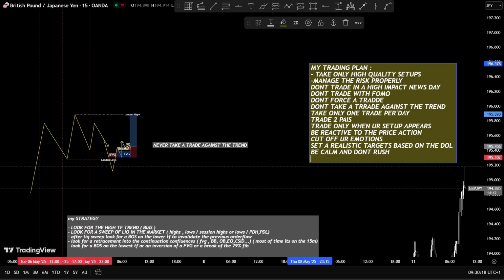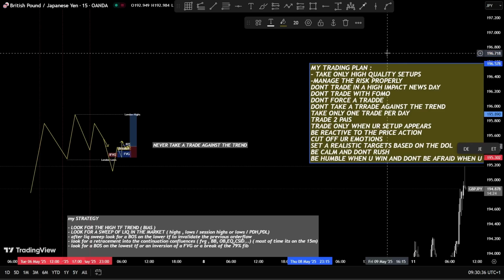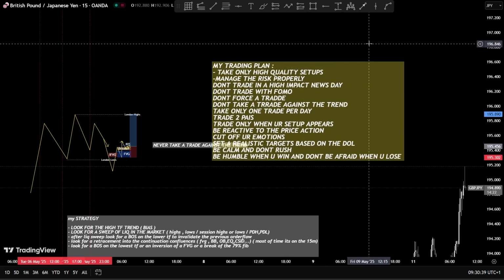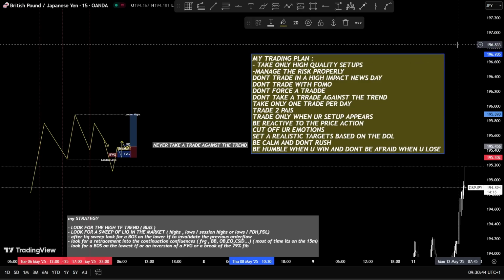Next thing, be humble when you win, and don't be afraid when you lose. And you're going to know how to react to this when you backtest, because when you backtest, you know there's going to be days when you don't take a trade, there's going to be weeks when you took a loss, and there's a day where you're going to win big.